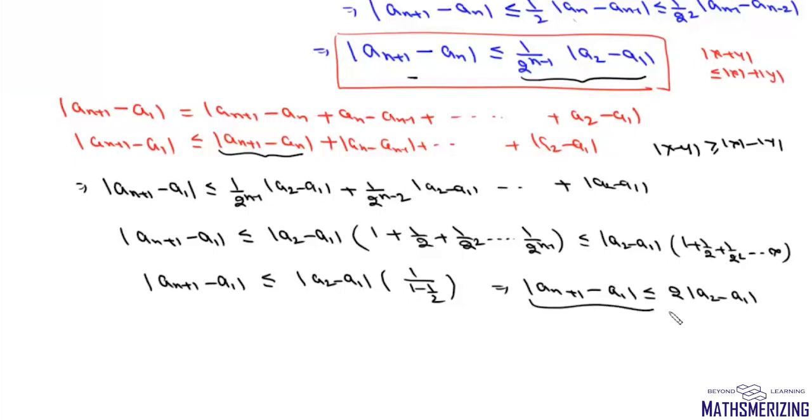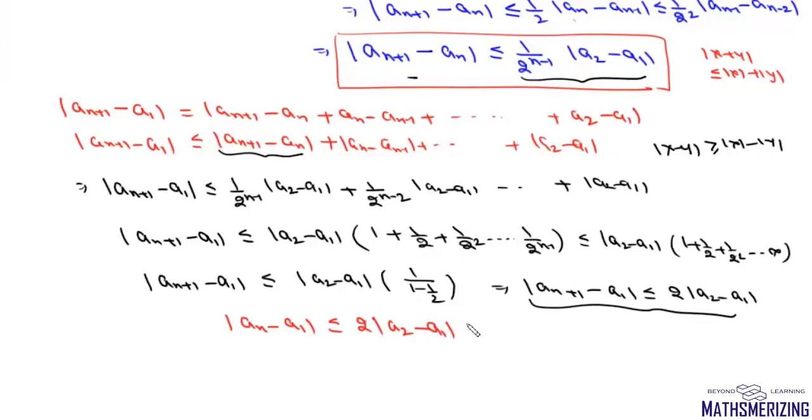So for any value of n, we'll get this result. So if it is true for any value of n, then we can simply write mod of an minus a1 is less than 2 times mod of a2 minus a1.